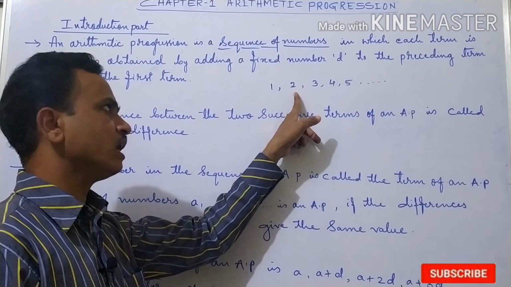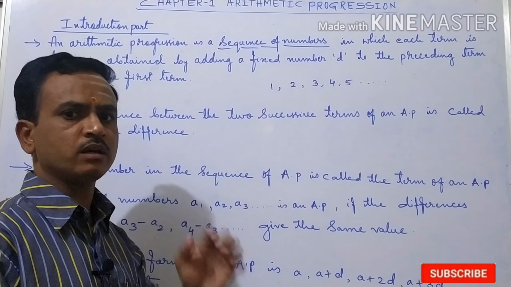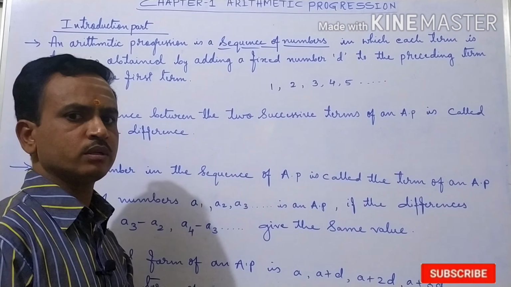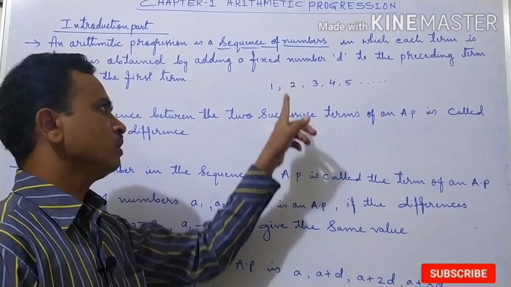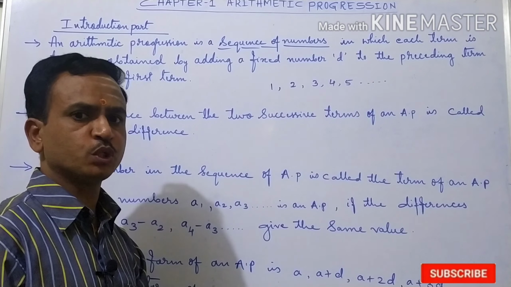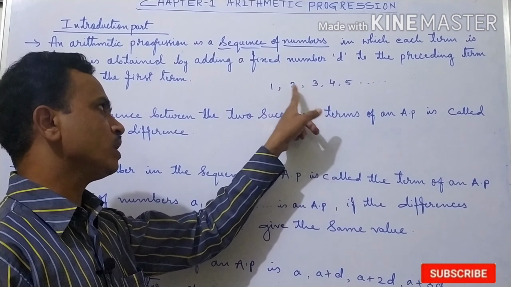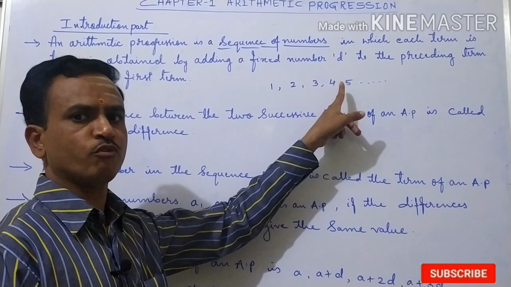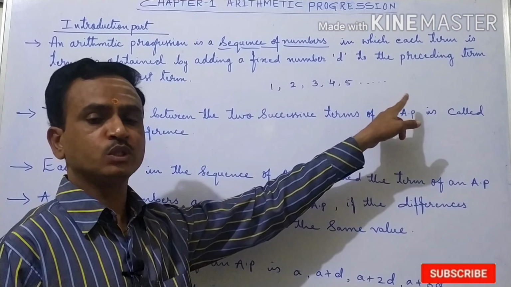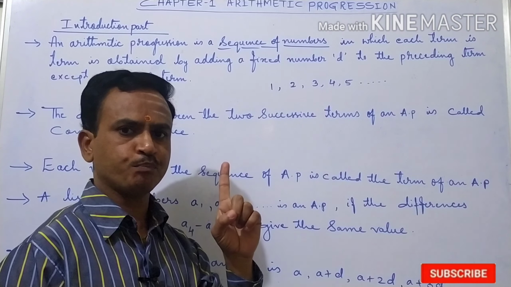To get the second number, what should we do? We should add 1 to the previous number. So 1 plus 1 becomes 2. Then to get the next number, we add 1 to the previous number. So 2 plus 1 becomes 3, 3 plus 1 becomes 4, 4 plus 1 becomes 5. So what is the fixed number here? The fixed number is 1.